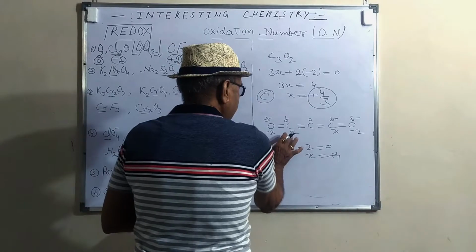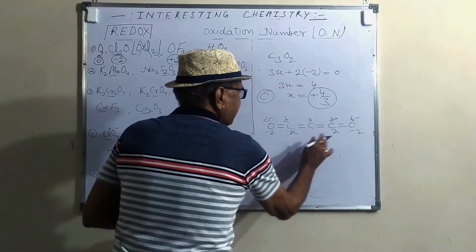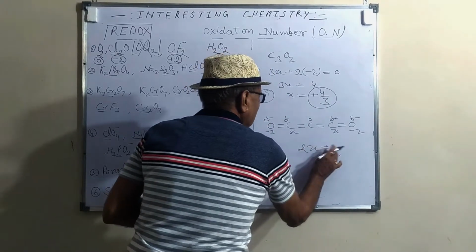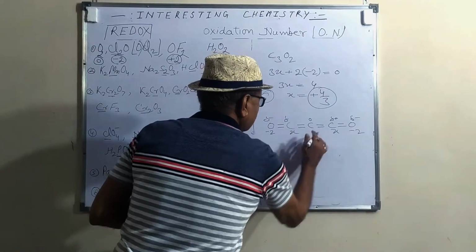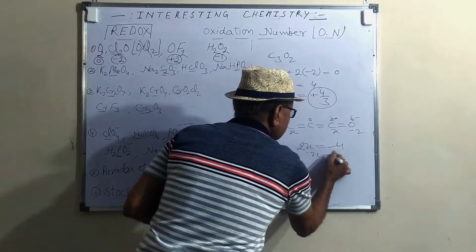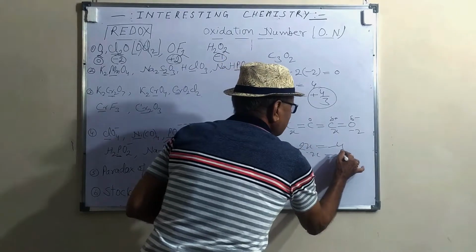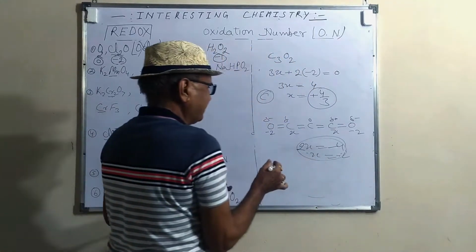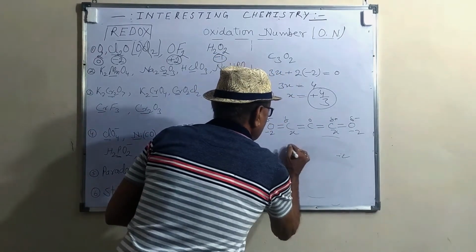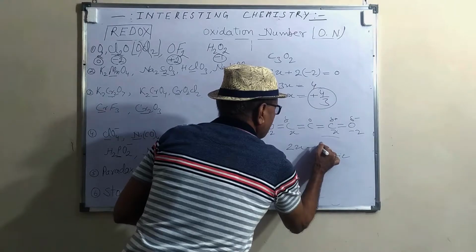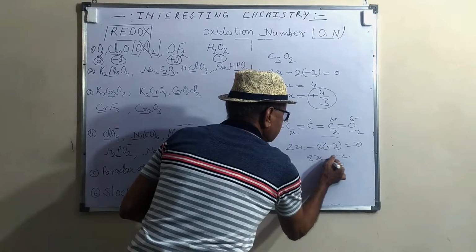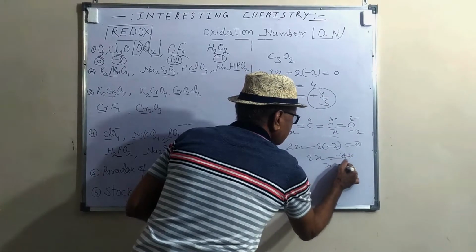Again you can calculate for the other carbon: x plus 2 into minus 2 is equal to 0, so x is equal to plus 2.